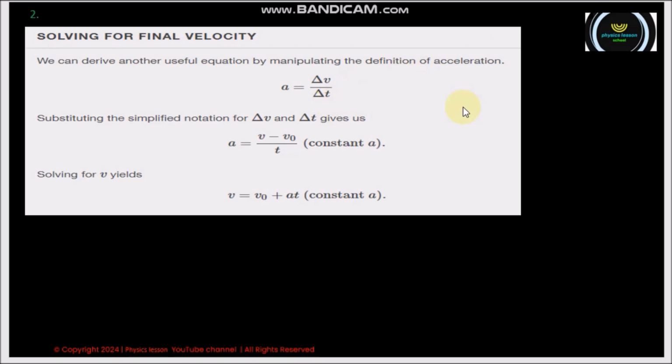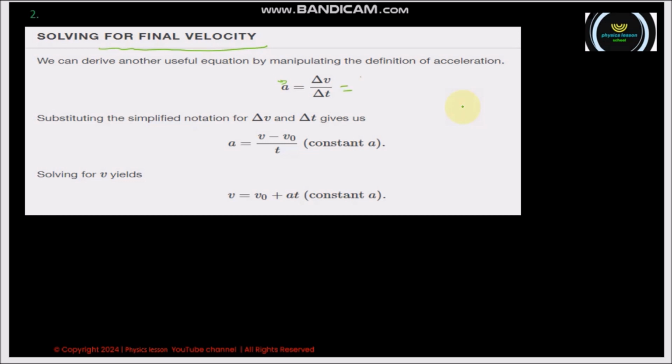Okay, let us solve the second equation. That means the final velocity. To find the final velocity, just start from the definition of acceleration. The acceleration is the change in velocity over the change in time.